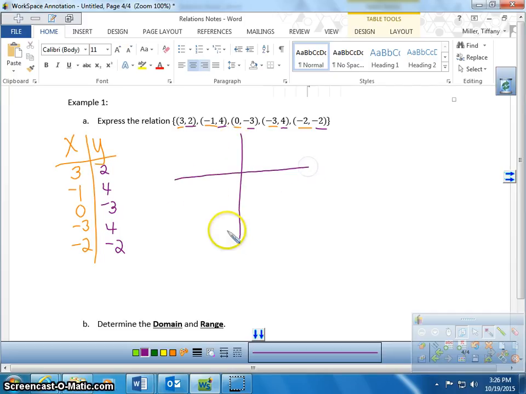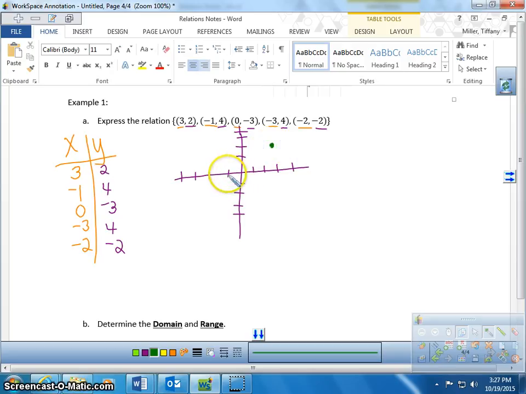Now we're going to make a graph. So you'll have to draw a graph, make it as good as possible on your paper, and you're going to graph each point. So I'm going to make each one of my axes go up by 4, or over by 4. So my first point, we go over 3 and up 2.